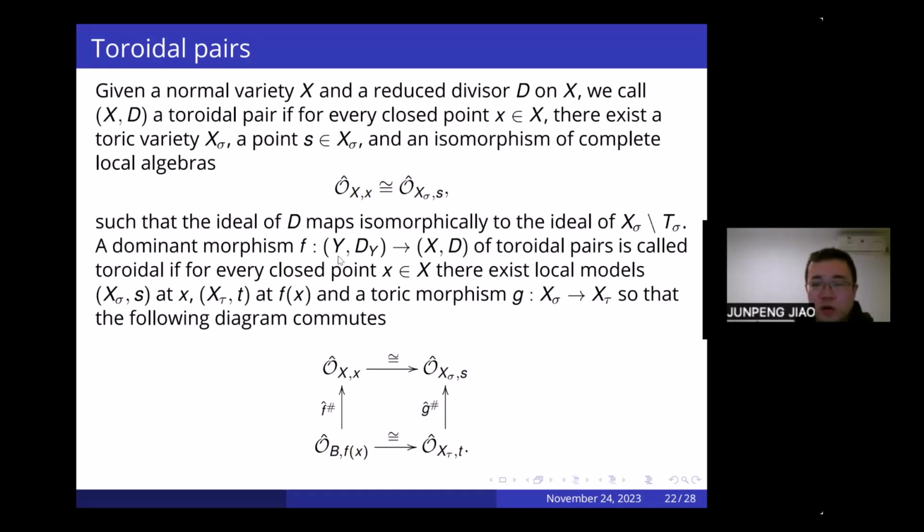A dominant morphism between toroidal pairs is called a toroidal morphism if for every closed point x, there exist two local models and a toric morphism so that the following diagram commutes.